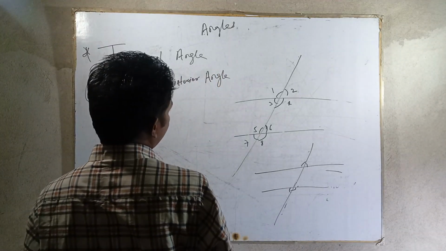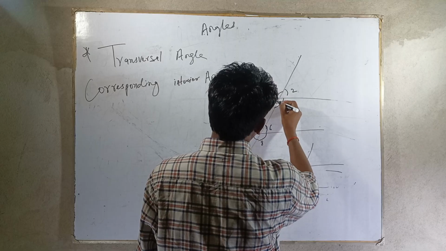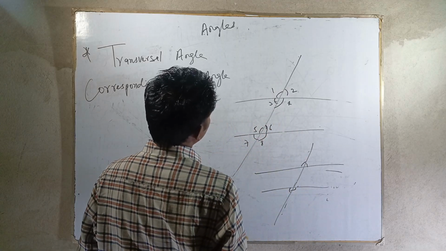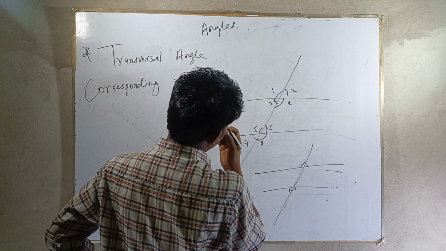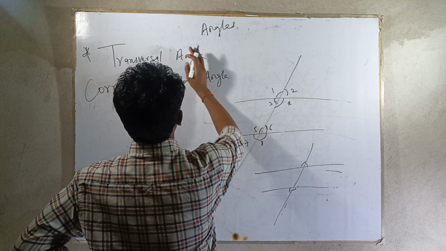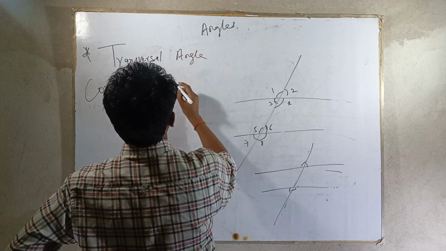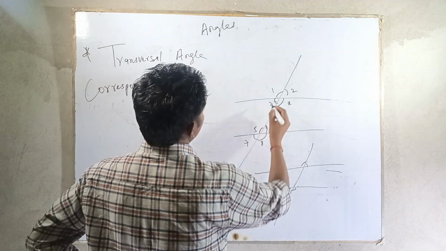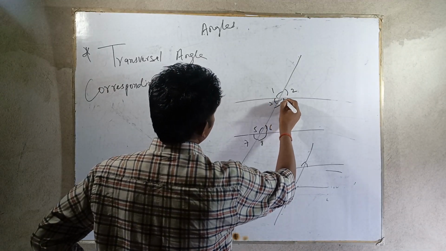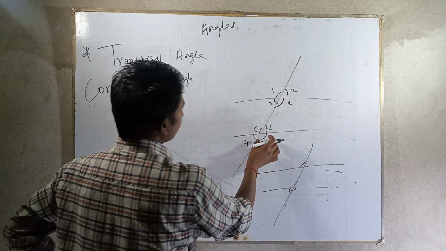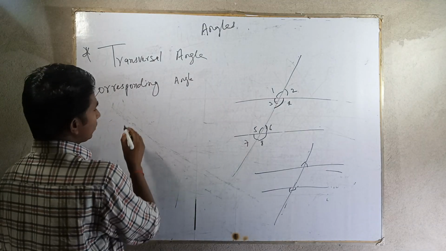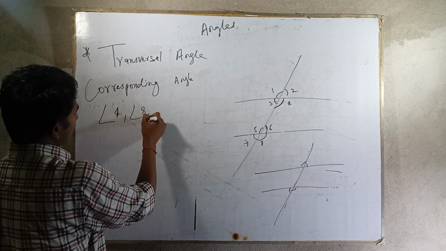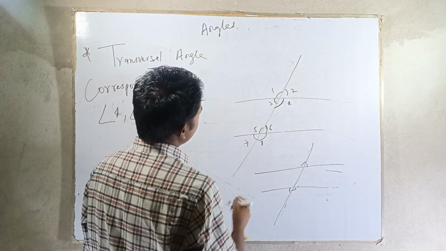Suppose this one is a corresponding angle. Corresponding angle 4 to 8. 4 and 8 is a corresponding angle.